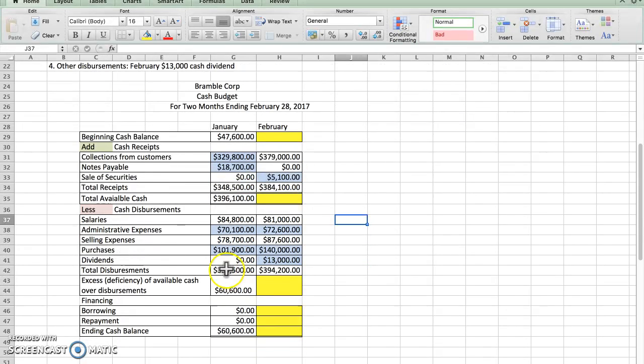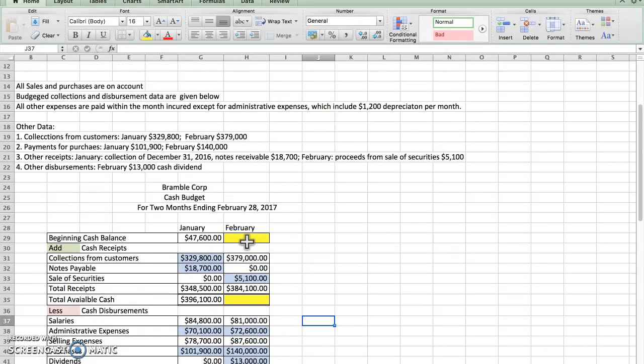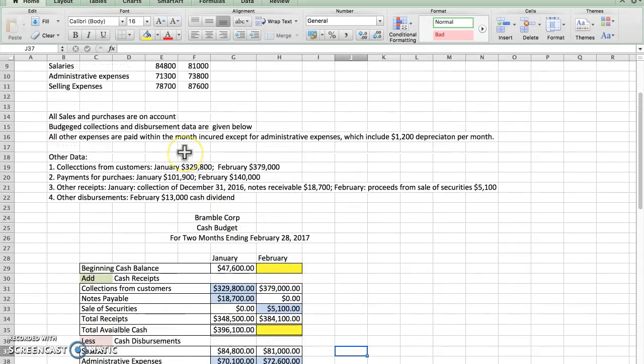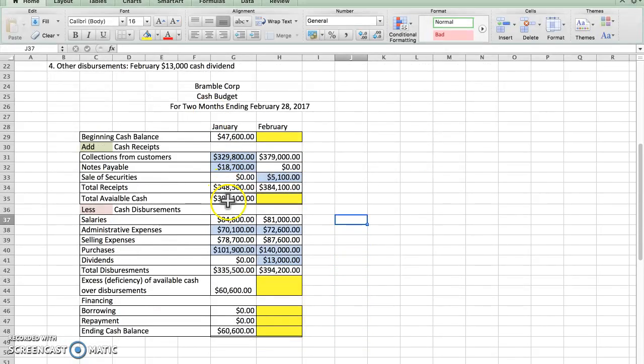Once we have our total available cash, then we need to deduct all of the cash disbursements. So we had salaries for both months. And if you remember, I told you to remember that $1,200 in administrative expenses which included depreciation. So you'll have to go to your administrative expenses up here and deduct $1,200 from each month. And in my problem, it came out to $70,100 for January and $72,600 for February.